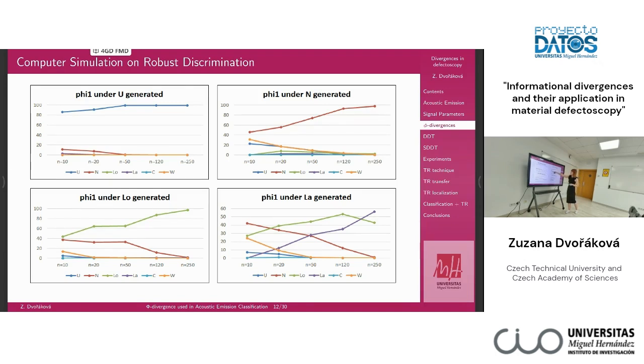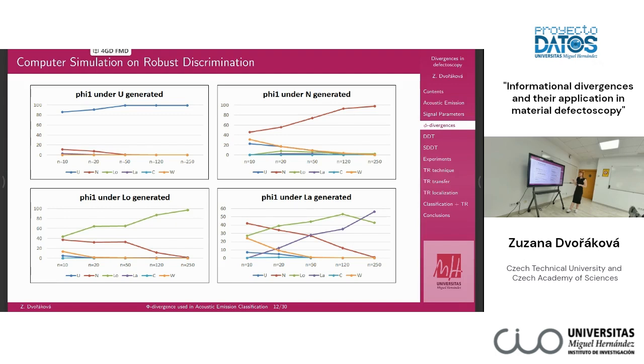Only for samples with small sizes are there some mistakes, but for samples of about 100 it's okay. The phi divergence is able to reveal the true generative distribution.